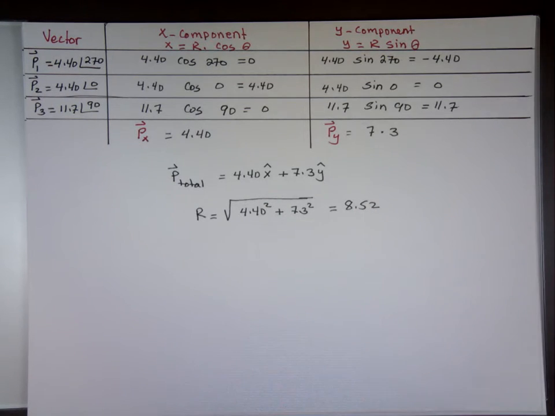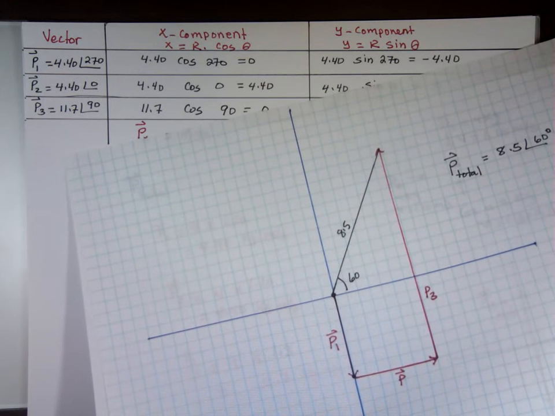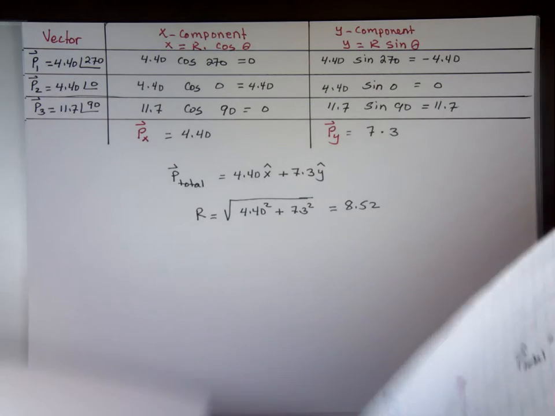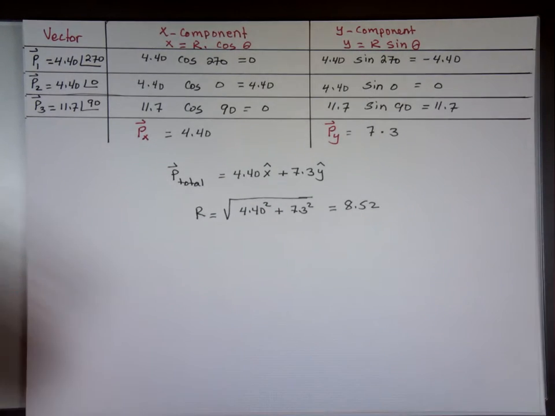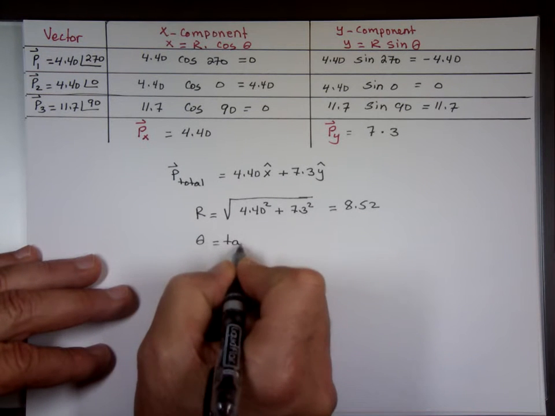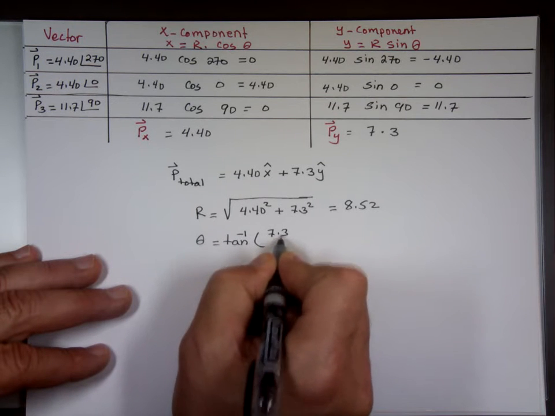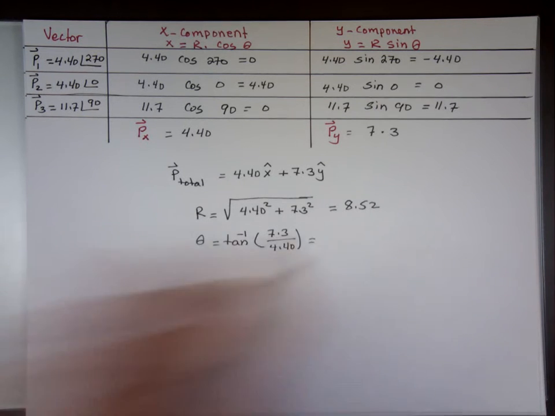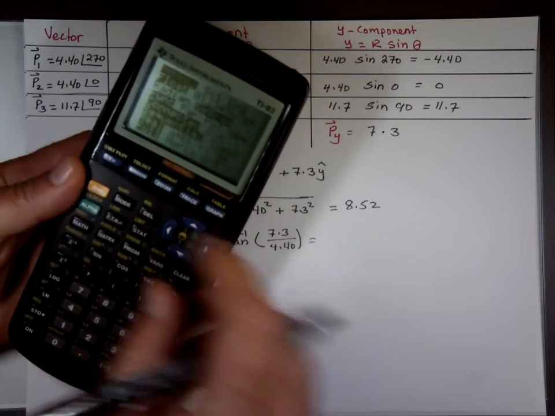My picture says 8.5. Let's see if the angle is 60 degrees. If I was right too. To get the angle theta, it's always the inverse tangent of the y value, which is 7.3 over the x value. And now let me make sure, because I use the calculator all the time, let me make sure I'm in degree mode. Yep, I am in degree mode.